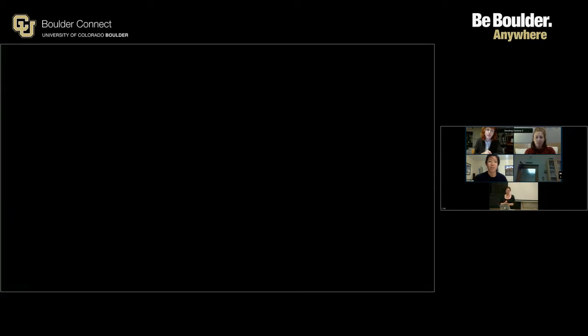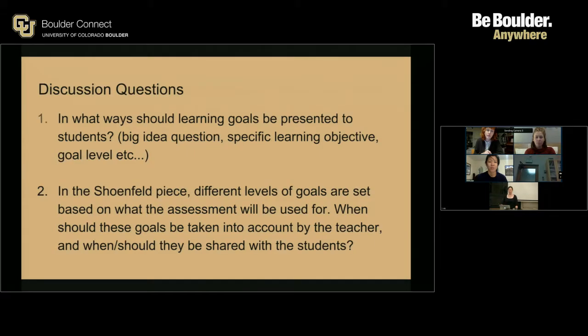Online, Kat asked a really good question, which was talking about the show-and-field piece and what the different levels of goals are. Drew and I grabbed onto that today, and we're like, well, when do you tell your students the different goals for these different assessments, because they are different?